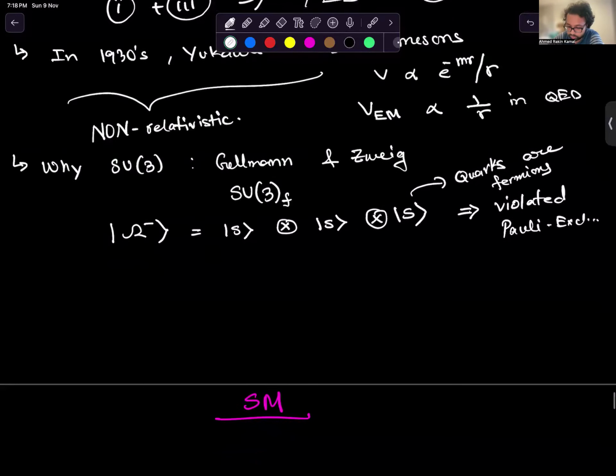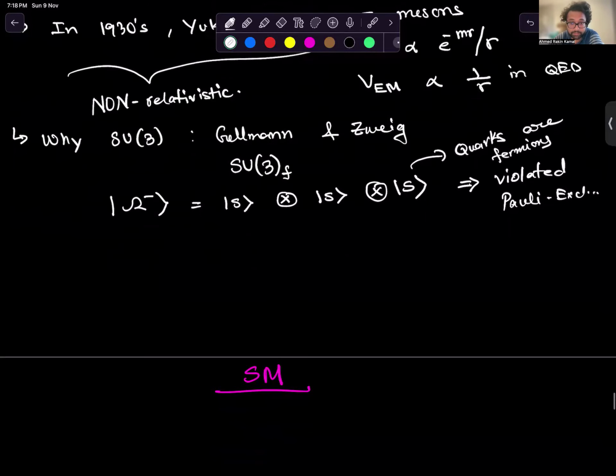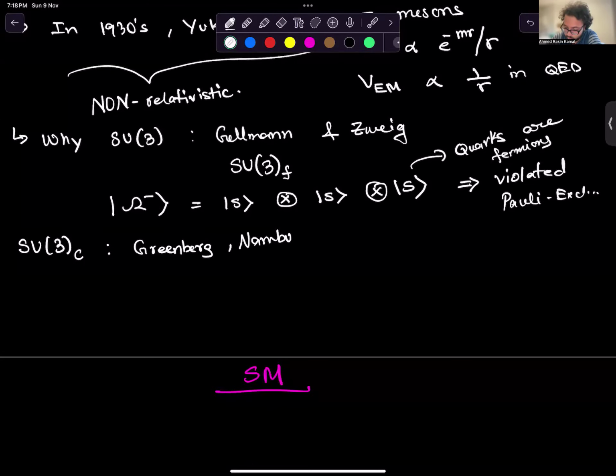And the proposed solution was that maybe there's some other SU3 gauge group, let's call it color. This was due to Greenberg, Nambu, and Han.